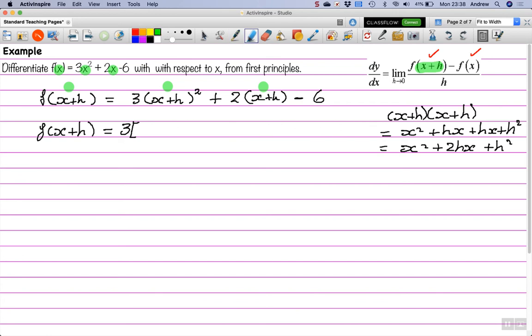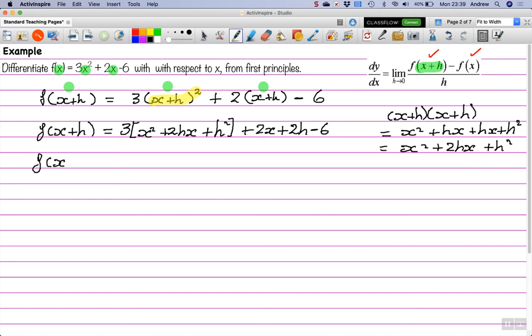So I've now worked out this bracket here, and the answer is x squared plus 2hx plus h squared plus 2x plus 2h minus 6. We have expanded the second bracket. More working out.